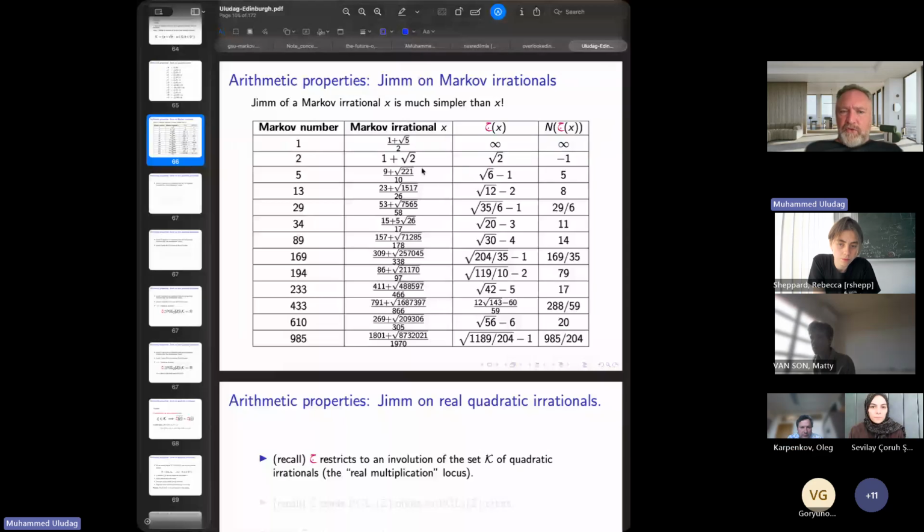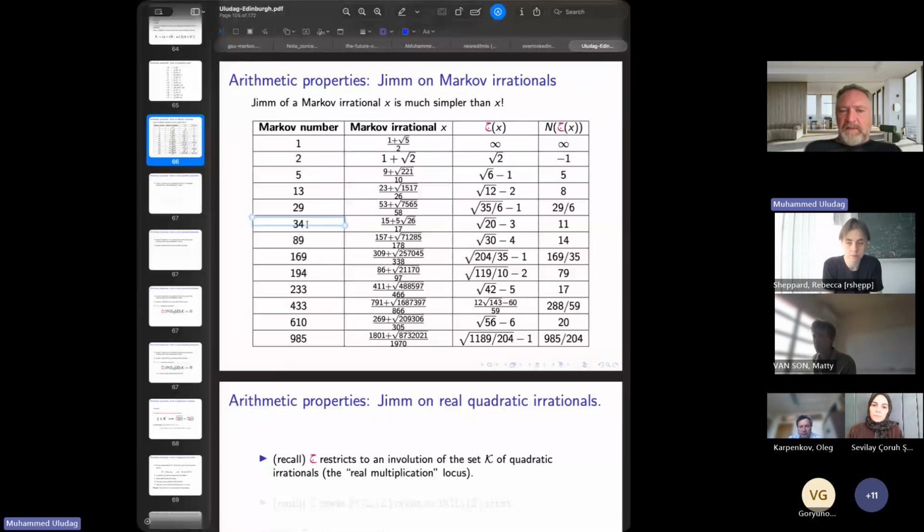And yes, you do see some patterns. For example, Fibonacci numbers themselves are among the Markov numbers, the even index Fibonacci numbers, like 13, 34, 89, etc. You don't have 55, but you have 89.